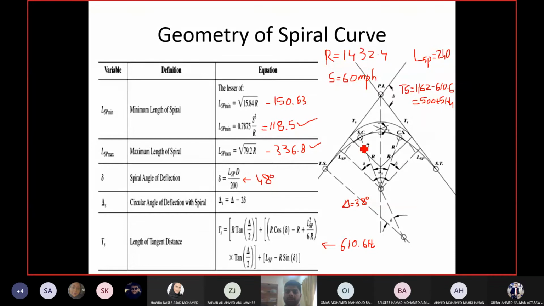Now, the second one is the station SC, and between them we have LSP. This is the start of the spiral curve, this is the end of the spiral curve.